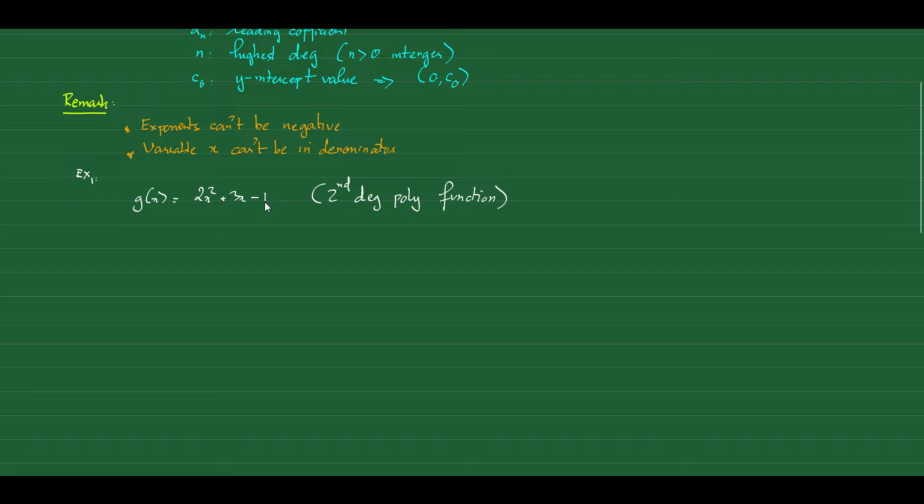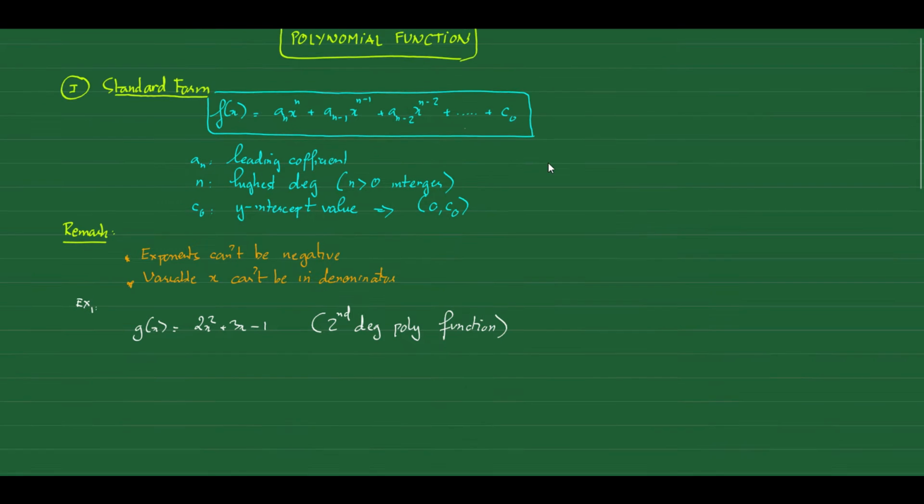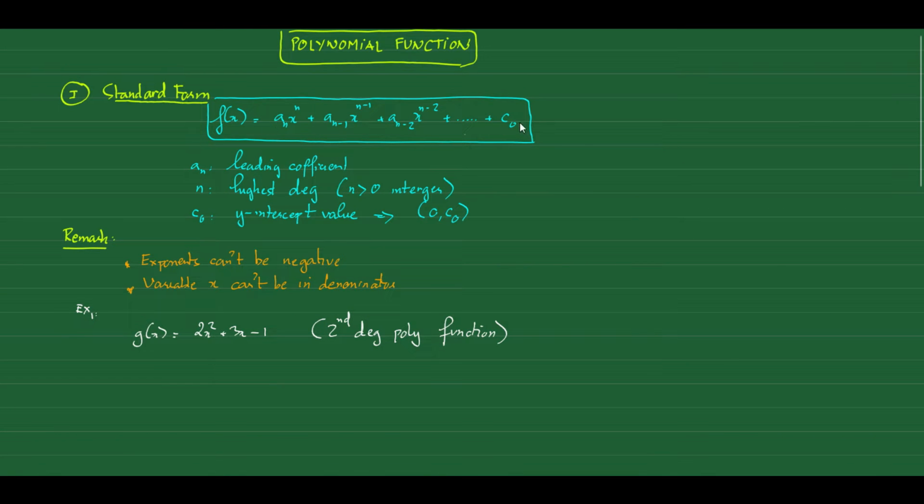This is the c sub 0 right here. Okay, and all of these are leading coefficients. Because the second degree contains 3 terms, that's why we call this the full standard form. So this form is full if it contains all the terms.